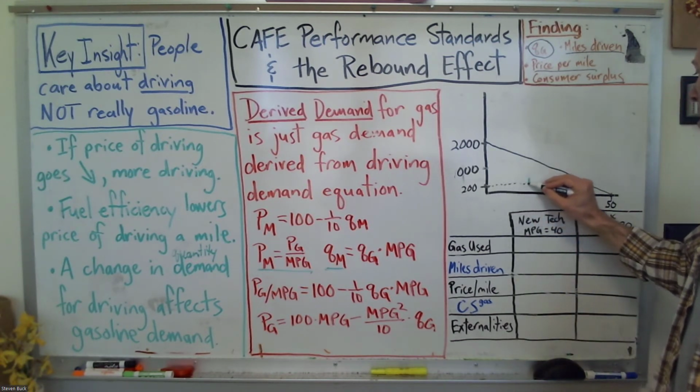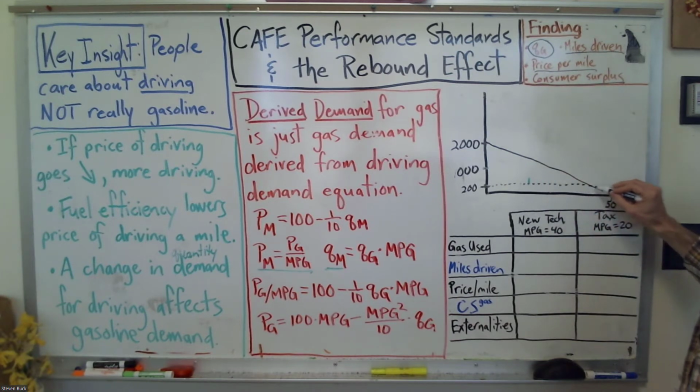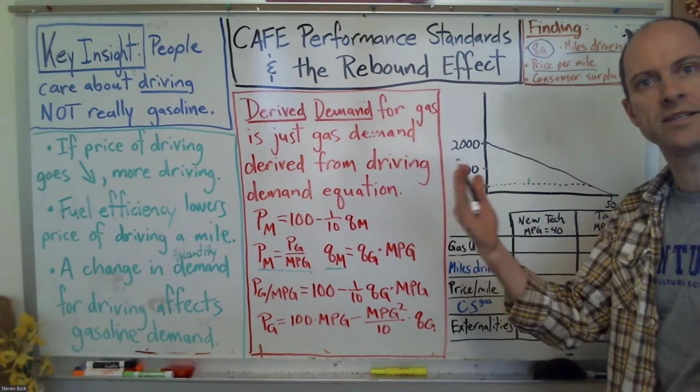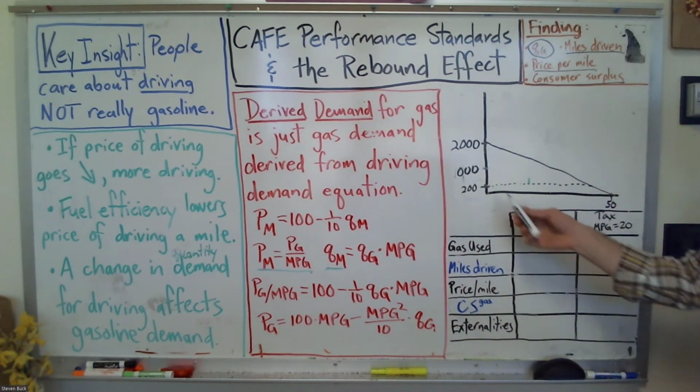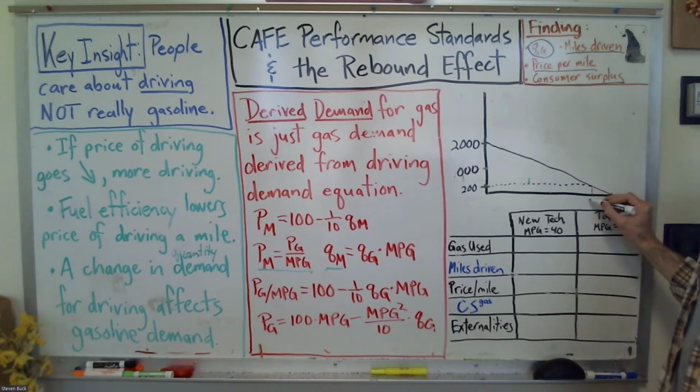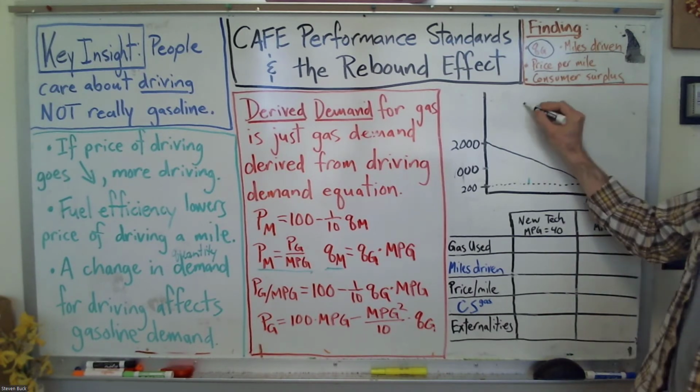Remember, our line is really a function, and we can use it to define the relationship between price and quantity demanded. What we see, this is going to intersect our demand for gasoline right about here. If we plug that 200 in, we're going to get 45. How?